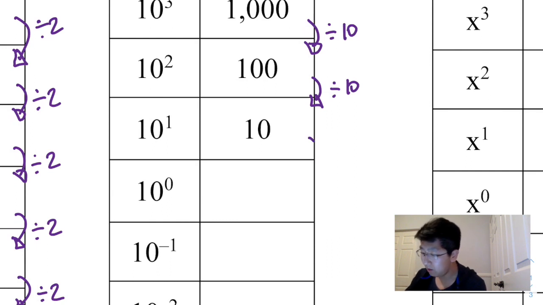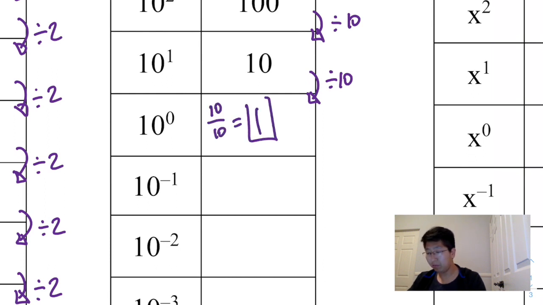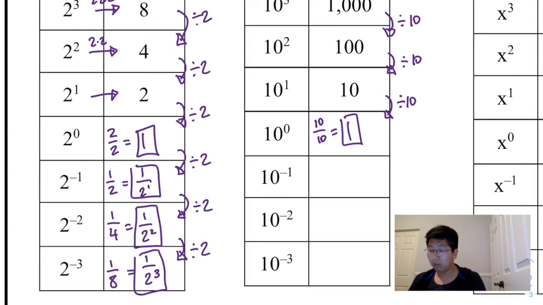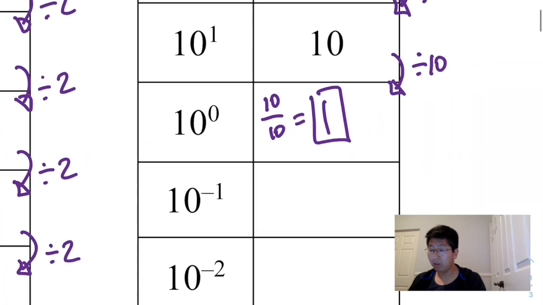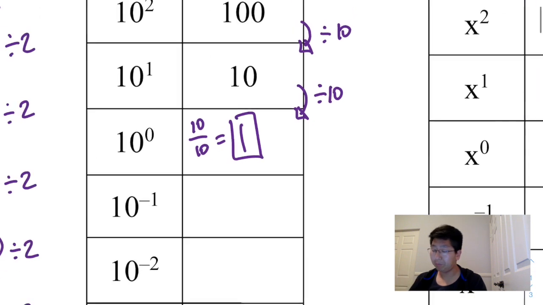So 10 divided by 10 is going to give us 10 to the 0 power, and 10 divided by 10 equals 1. So here we see again that 2 to the 0 power is 1, and 10 to the 0 power is 1. Hopefully you're seeing that there's a pattern here.